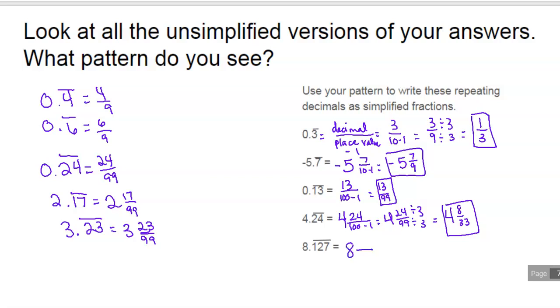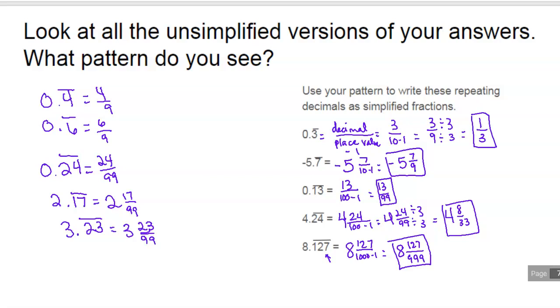So I'm going to bring the 8 over. 127 is what's repeating. This place value is the thousandths, so this will be 1,000 minus 1. So this would be 127 over 999. And although it doesn't look like it, it actually is simplified as much as possible.